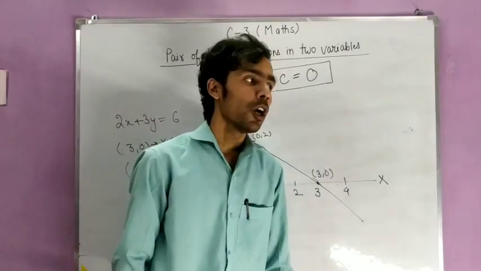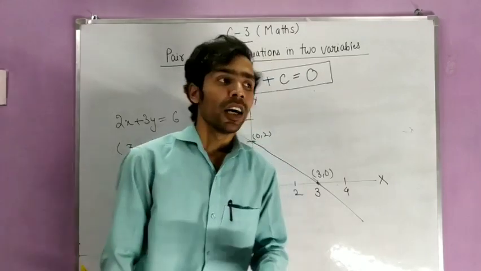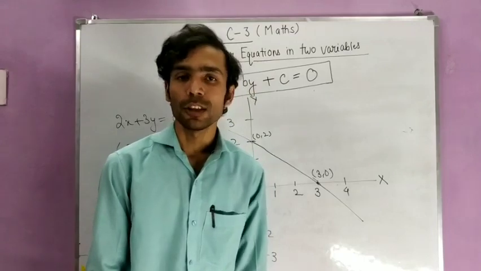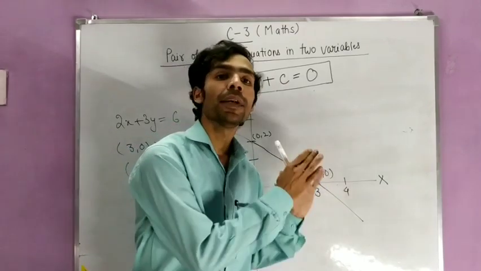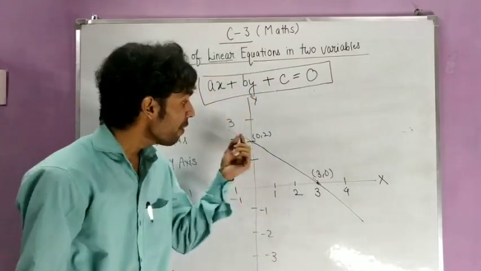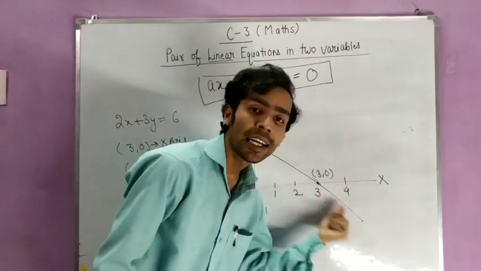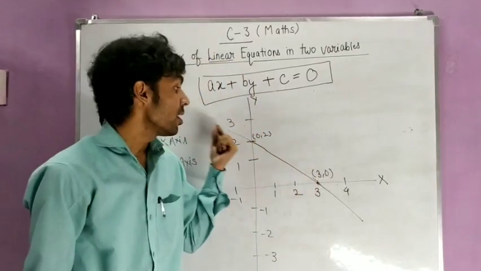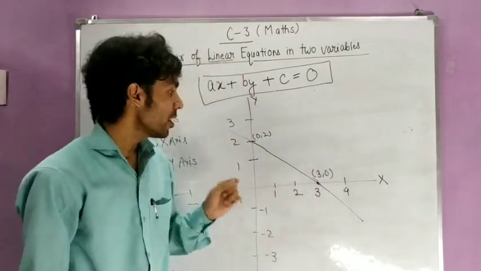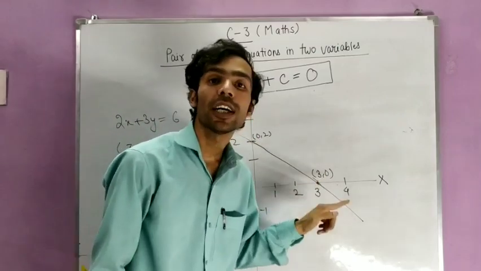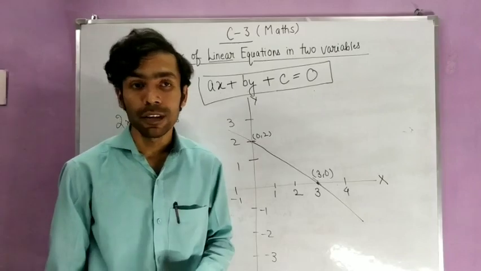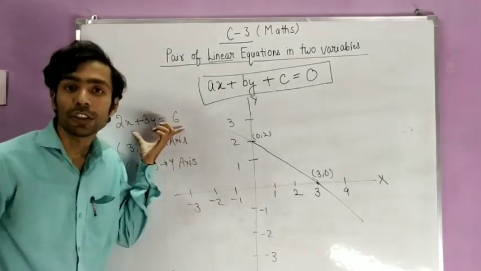Okay, and all of you know now, a line can be made of infinite points. So every point on the line, listen to this carefully, every point on the straight line is the solution of the linear equation.